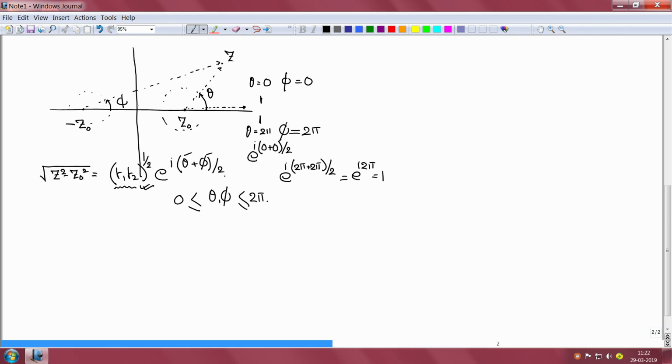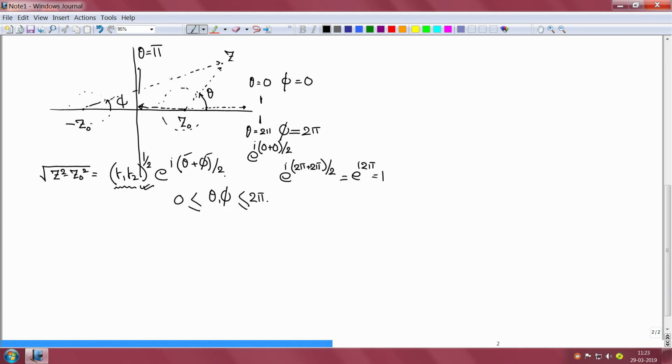Now let us look at in between minus z0 and z0. So in this region, I am going to look at a point right on the x axis. Theta now turns and acquires the value pi. That means if I draw a phasor from here to z0, this is that phasor, so theta is equal to pi. What about phi? Phi is the angle for z plus z0.